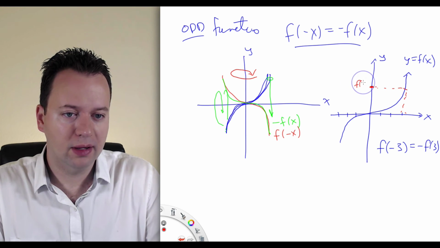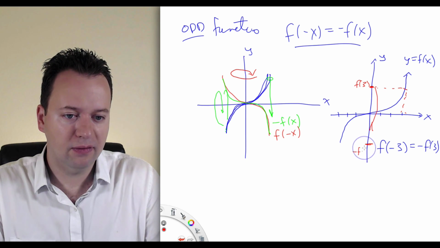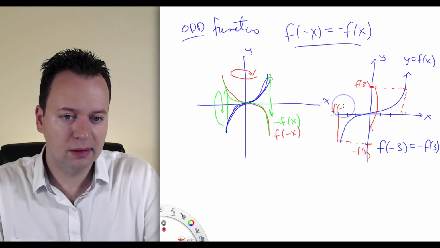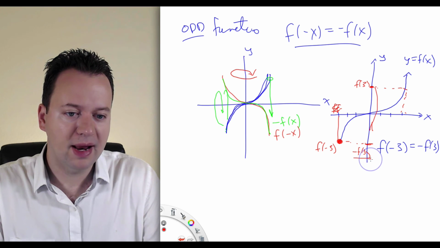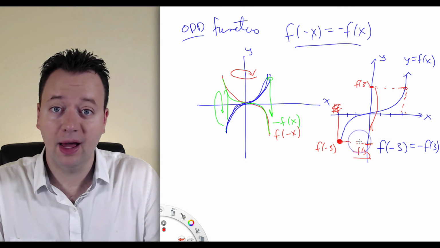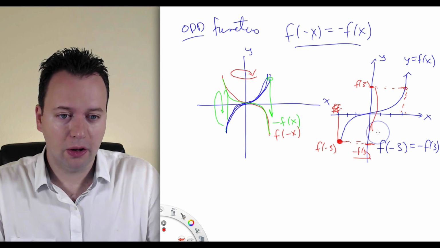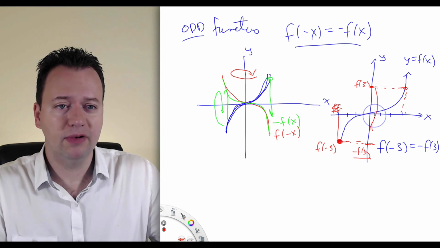That's f of 3. So negative f of 3 is going to be about down here. So f of negative 3, the output, has to equal negative f of 3. So this y value down here is f of minus 3, and this y value has to be equal to negative of f of 3. So the height here is the opposite of the height down here. So it always has this general type of shape like that. So those are even and odd functions.